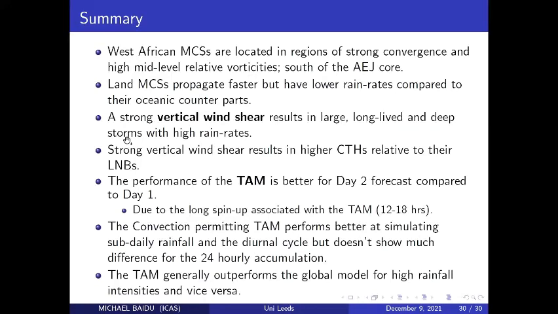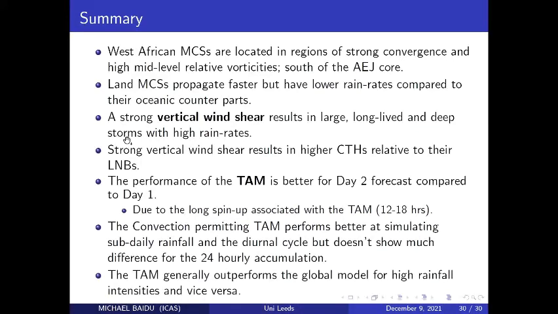Spin-up time is just how the model will be able to stabilize and adjust to the environment it is simulating, or trying to understand, using information about that area. So it has a challenge on the first day, and he showed us that it has a better spin-up time for the second day than the first day.